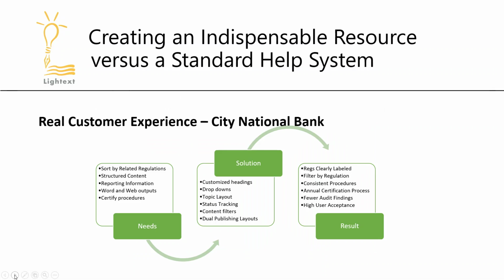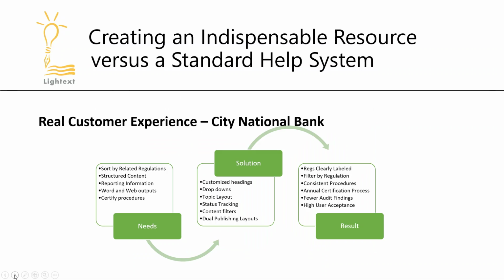So City National Bank is one of our clients. They have a lot of regulations, and their risk partners require those regulations to be identified on their procedures, but they have to find them also.